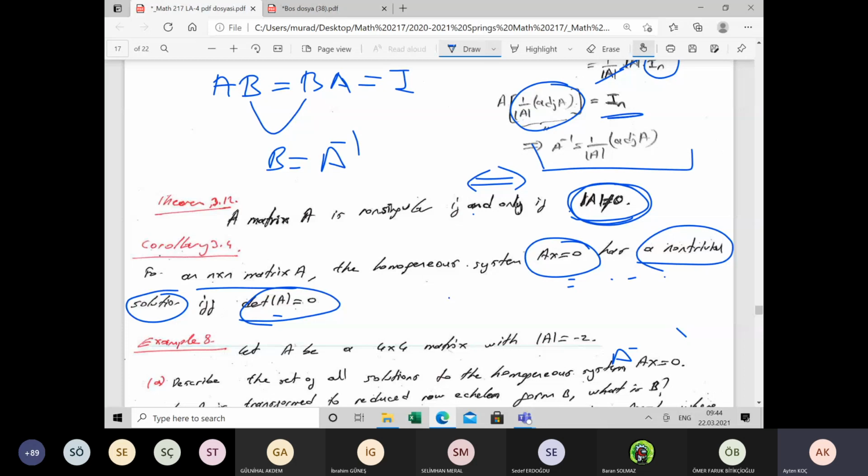If the determinant is not 0, it has only the trivial solution. If it is 0, we get non-trivial solutions. This corollary is important. So let's give an example.